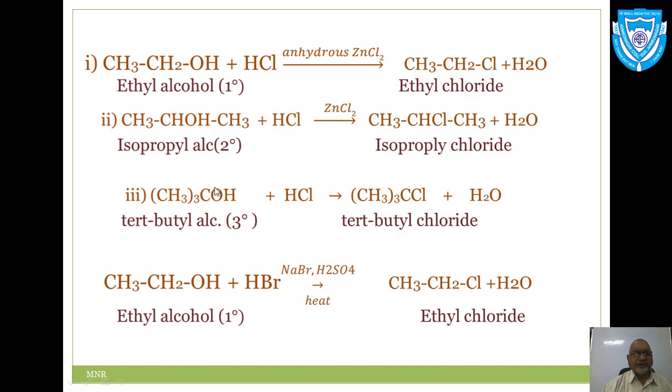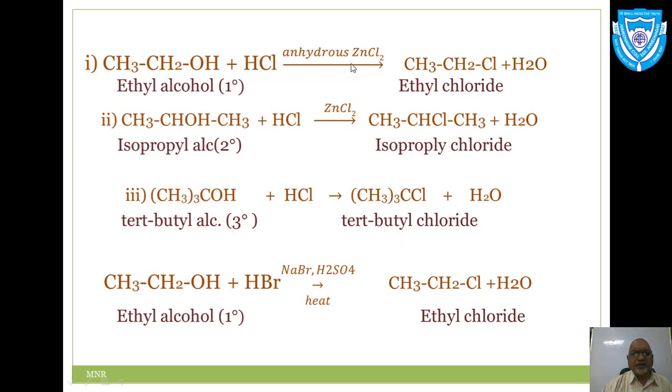In the third example, you will see a tertiary butyl alcohol, where the hydroxyl group is attached to the tertiary carbon atom, and when you treat it with HCl, you get tertiary butyl chloride. So in simple conditions, the hydroxyl group is substituted by chlorine and you get tertiary butyl chloride and the byproduct water.